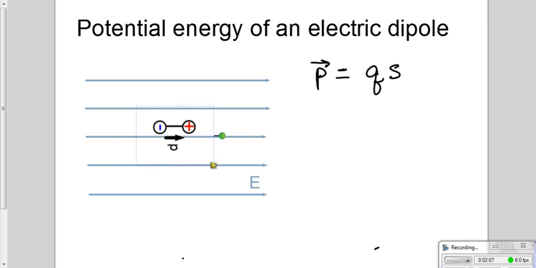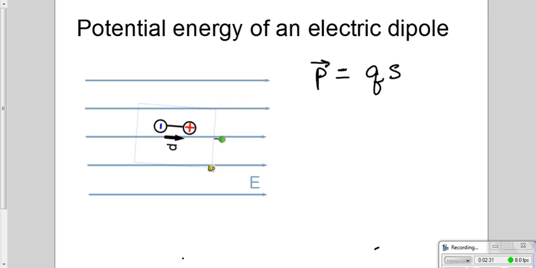Well, now what we're going to visit in this chapter with potential energy is when things fall into positions where they naturally want to be, we refer to that as being stable or at its lowest potential energy state.